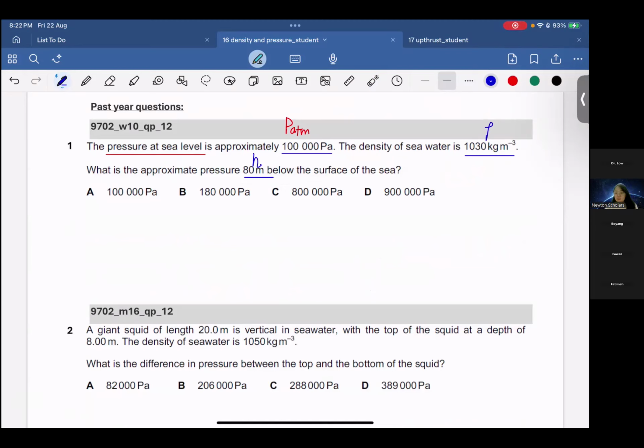Good job, Fawal. Prasan, correct. Vashini, correct. How about others? Total pressure.